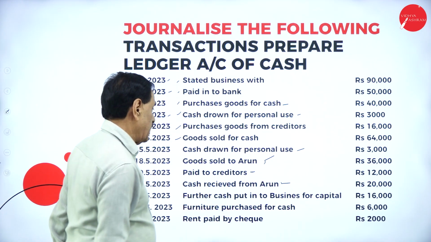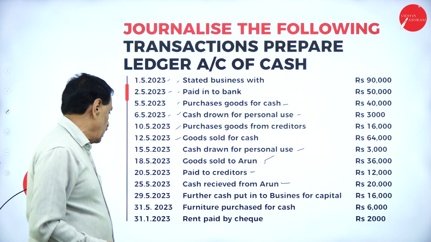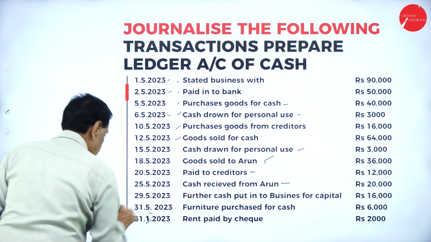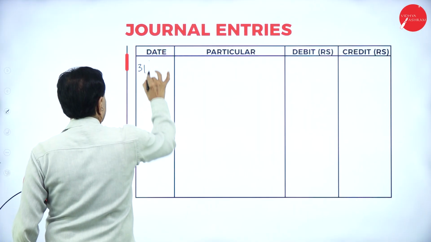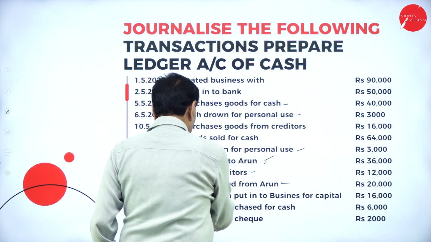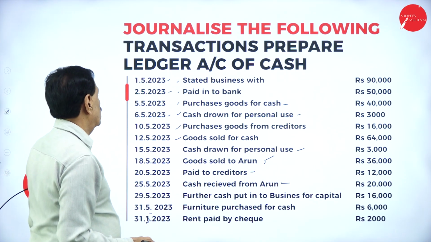Furniture purchased for cash. What is coming in? Furniture coming in, cash is going out. On 31/5. What is that one? Furniture purchased for cash. How much money? 6,000.